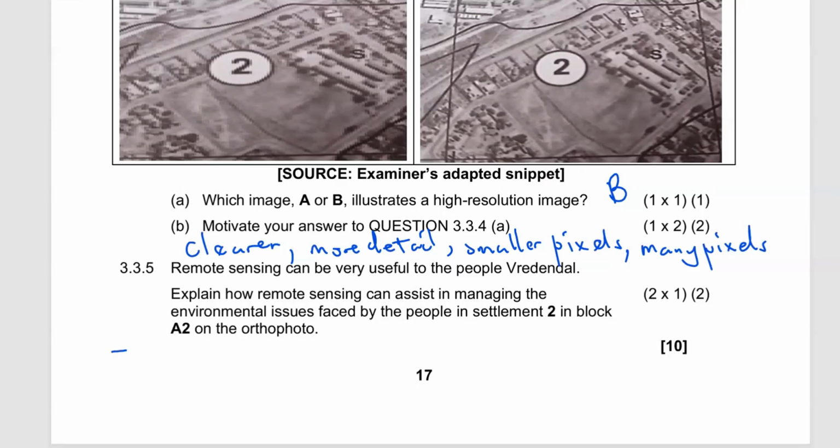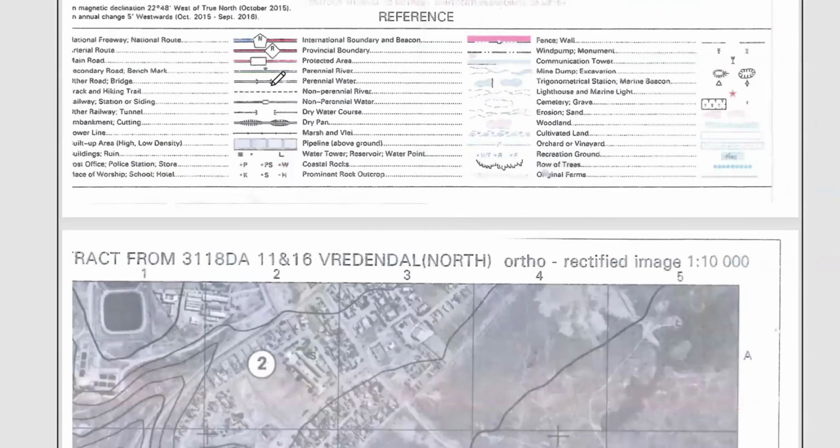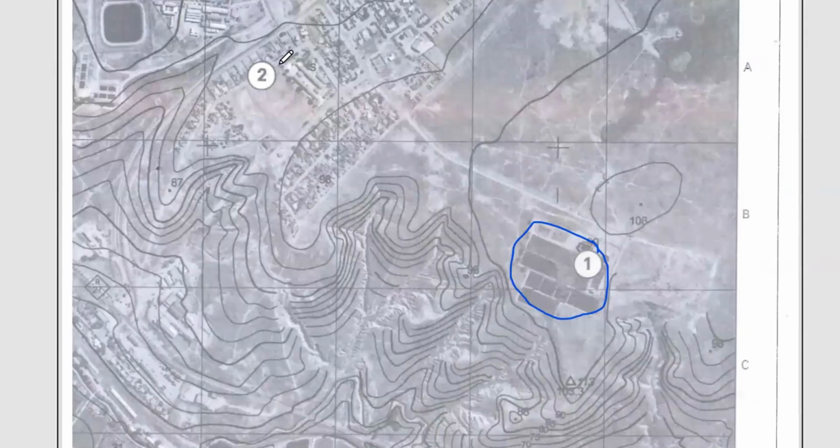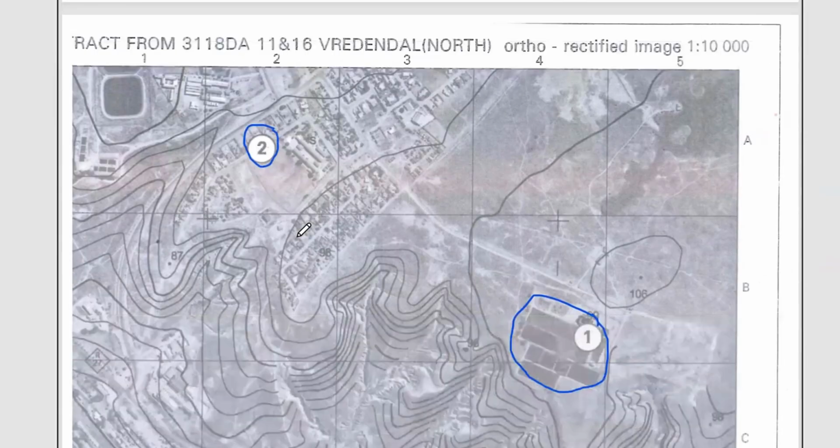Right, if we check on that orthophoto, area 2, we want to identify how we can use remote sensing to deal with the problems that they are likely to face. Typical problems that they can face there is the problem that is caused by the sewage works, which is to the extreme southeast of their settlement.